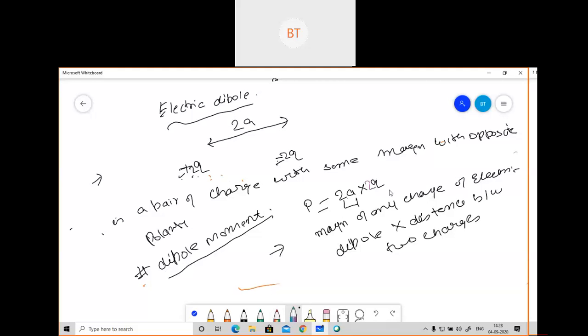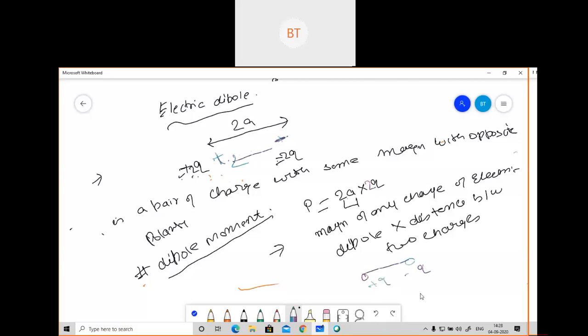This is the magnitude, and the direction of the dipole moment is from negative to positive. The direction will always be from negative to positive. If somebody asks you what is the direction of the dipole moment, it will always be from negative to positive. Suppose this is plus q, this is minus q.